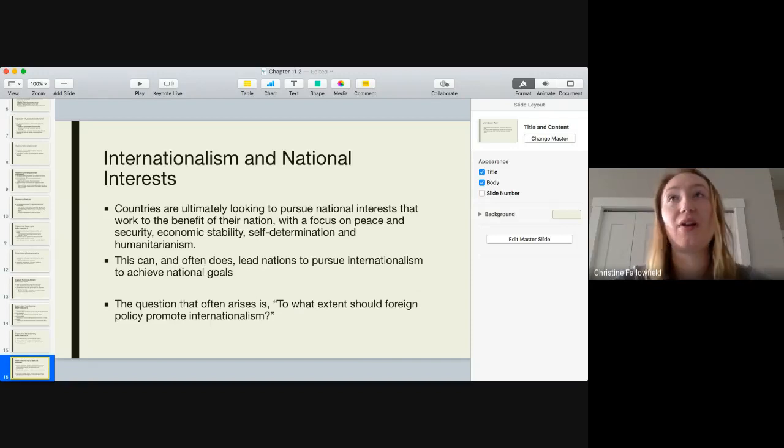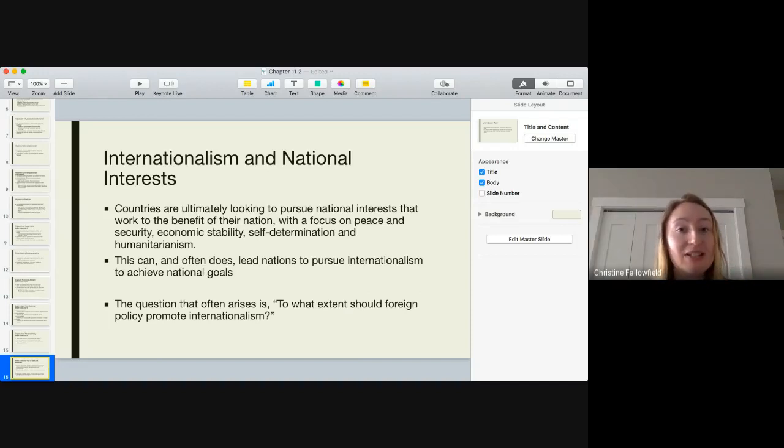So, when we spent our entire last unit talking about national interest and how nations were able to meet their own needs, whether that's for safety and security, future or current economic prosperity, or the social cultural beliefs of their citizens, we learned that often your national interest could not be met by you alone.